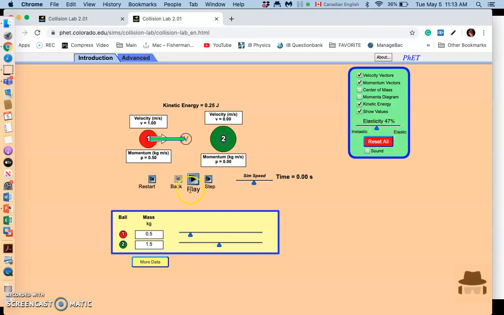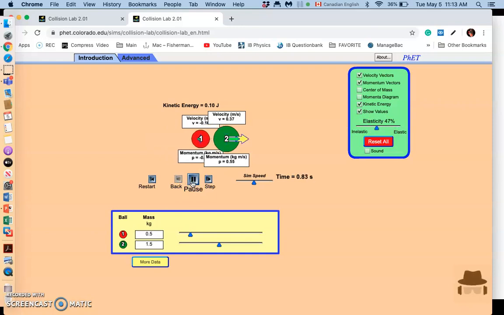If I hit the play button, you see this one moves with a slow velocity, and there is a little bit of dent or deformation in one of the objects. It's like two cars that hit each other. One of the cars will leave a little mark or dent on the other car, or maybe both of them will have this small deformation.